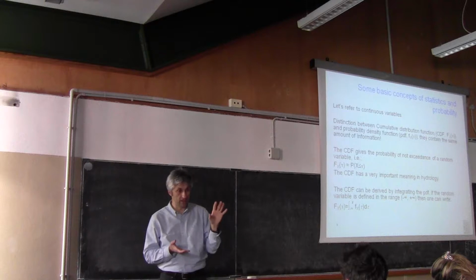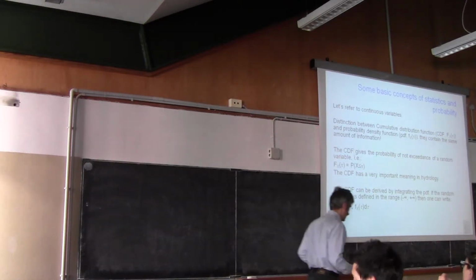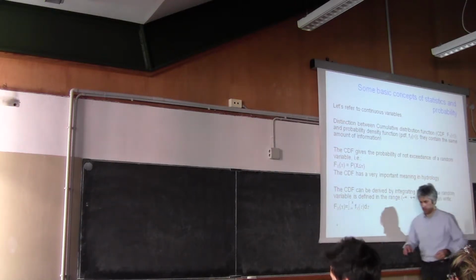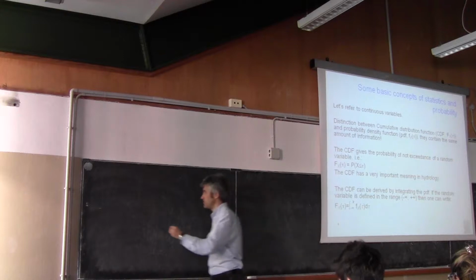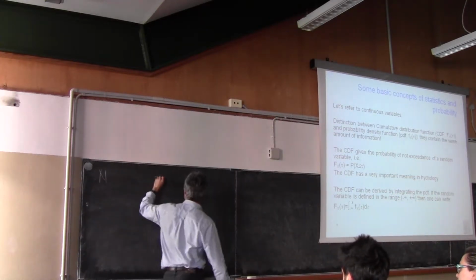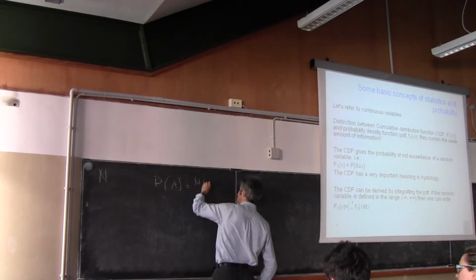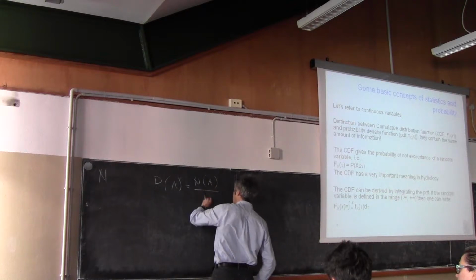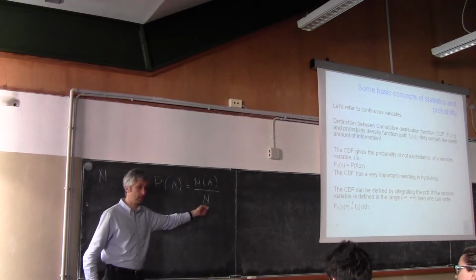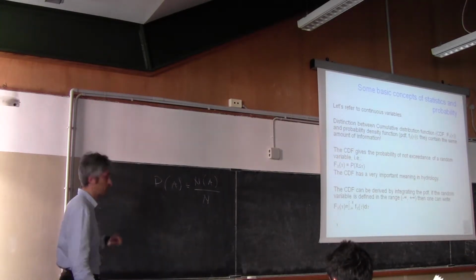So the relative frequency is an estimate of probability. And therefore I said that if I take an event A and I perform an experiment, then the probability of the event A can be estimated as the number of outcomes given by A in the numerator, and in the denominator we put the total number of experiments. This is an estimate of probability.